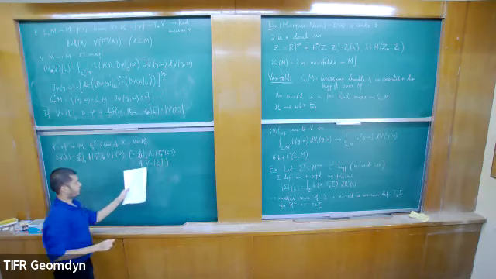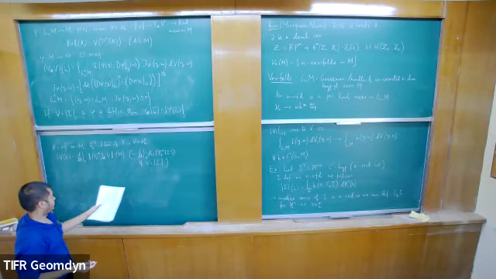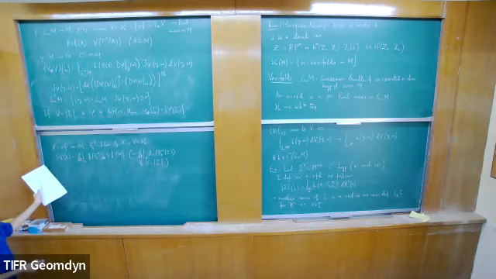So this is the first variation of a hypersurface, and we use this expression to define minimal hypersurfaces. So this is the first variation of a varifold along a vector field X.